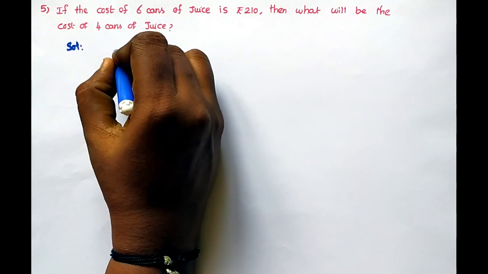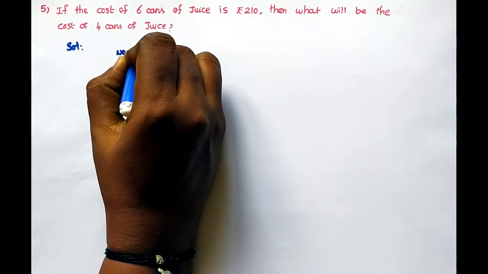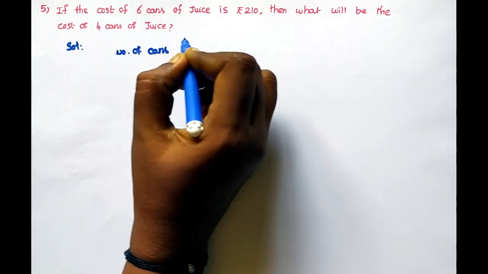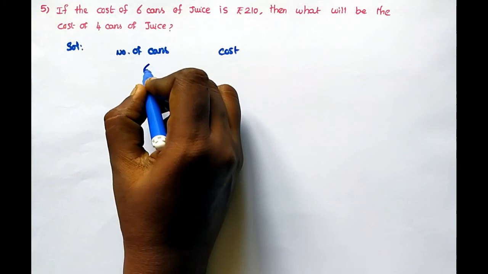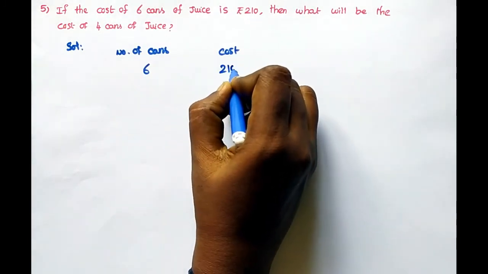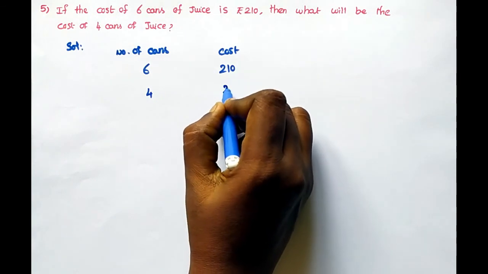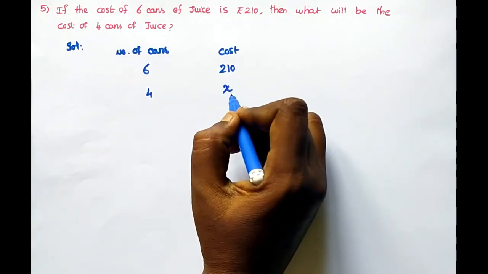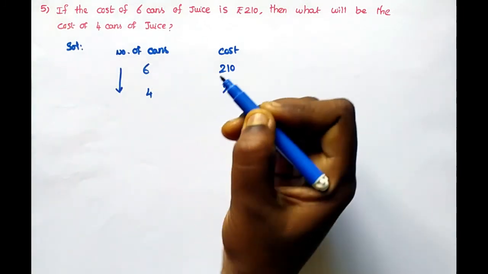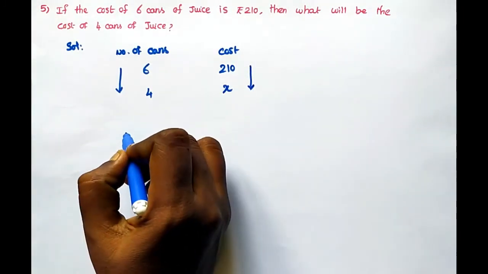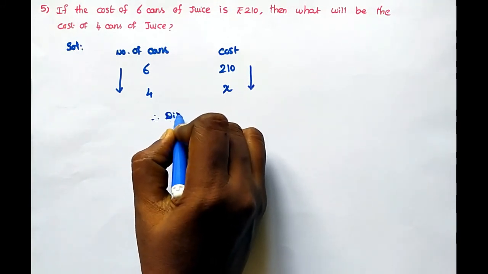So here number of cans, here cost. 6 cans, 210 rupees, that means 4 cans how much? Let it be x. Number of cans decreases means cost also will decrease. So that is direct proportion.